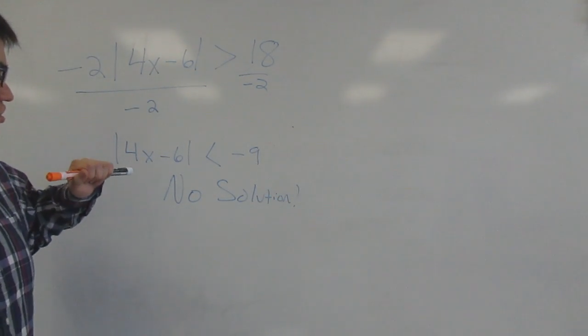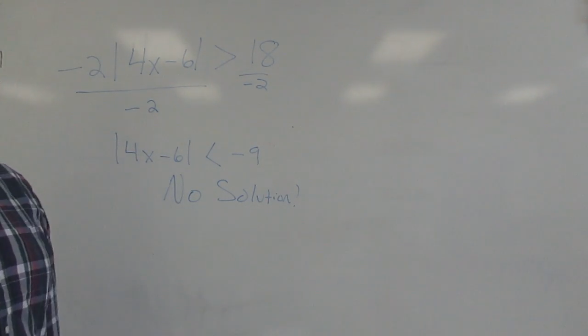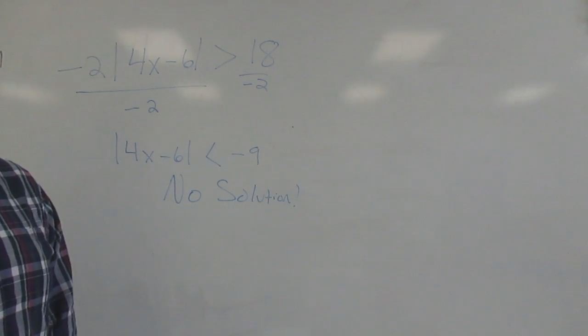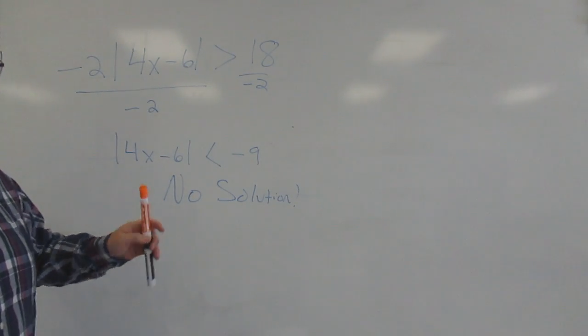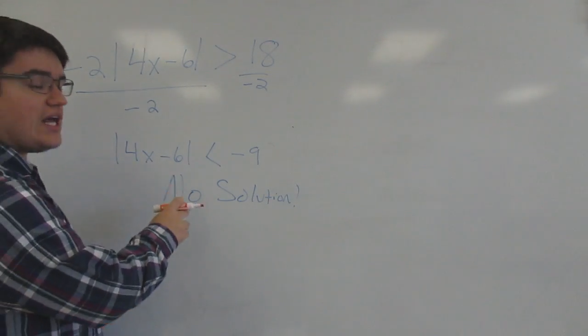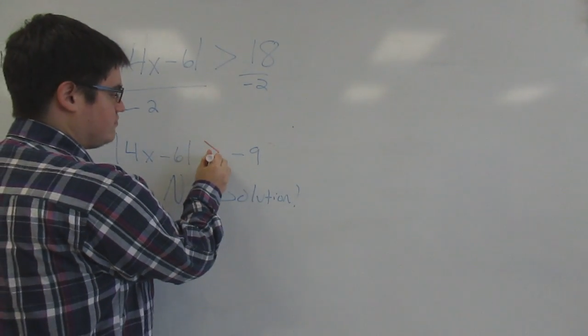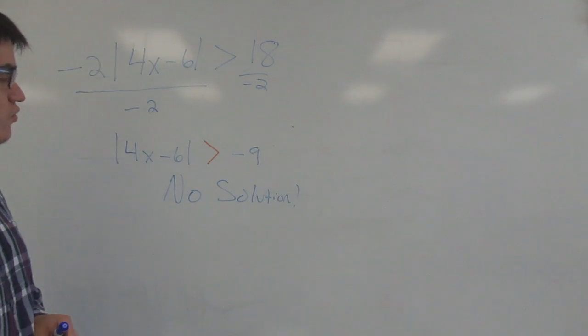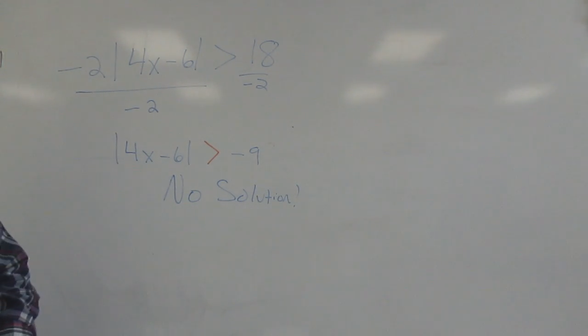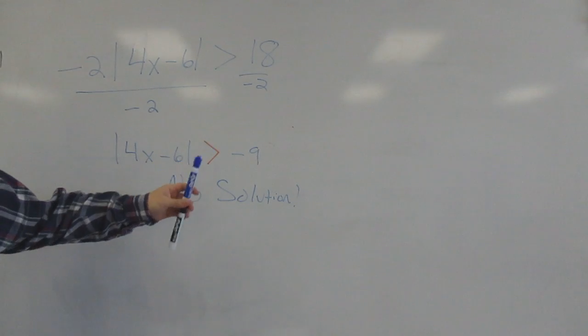Okay? There's no way we could take the absolute value of a number and get something that's less than negative 9. But Mr. Pons, yes? Let's just say that instead of a less than sign, you had a greater than sign. Well, now we're taking the absolute value of a number, and we want it to be greater than negative 9.